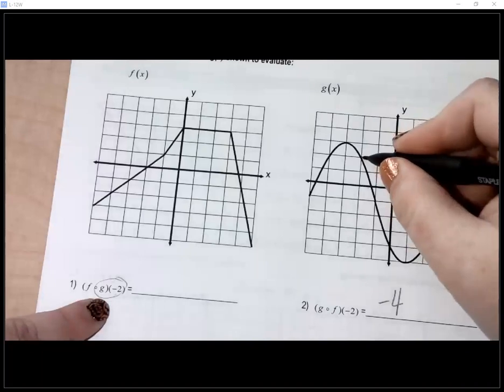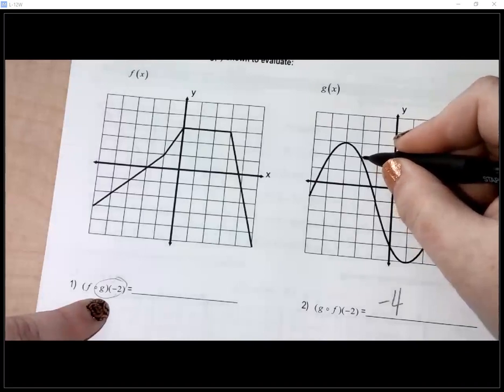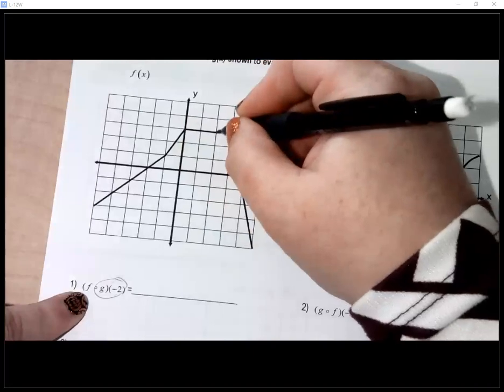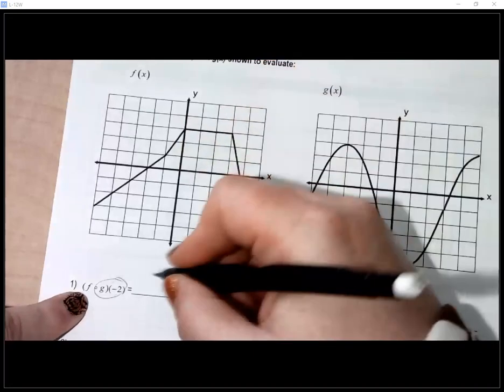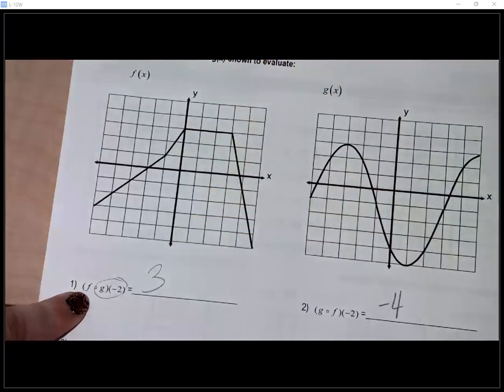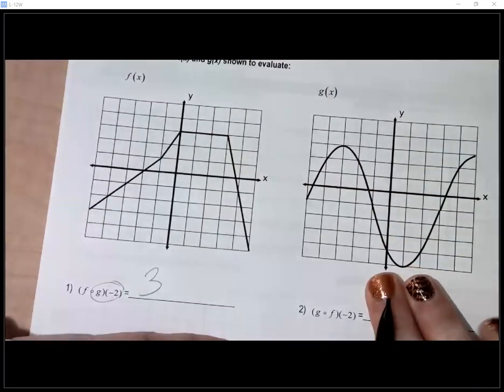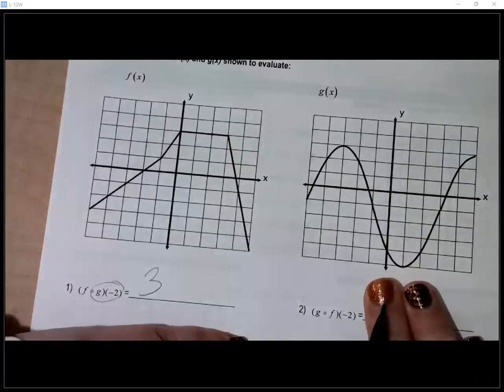So that's what I want to plug into the F function, a +2. So if I come over to my F graph at +2, its value is 3. That's how this is working. So you try number 2, pretending you don't see my answer. Start off by figuring out the value of my F function at -2. Then take that value and put it into the G and see where you end up.